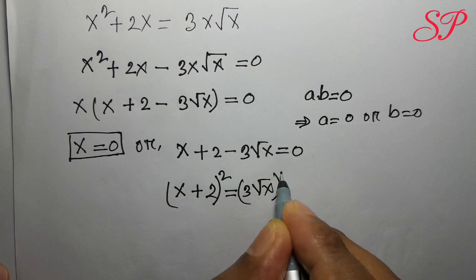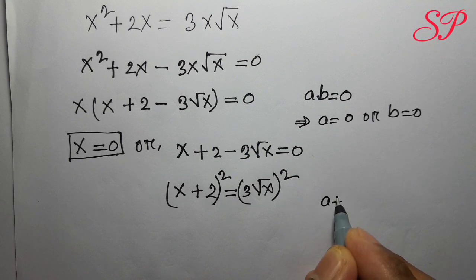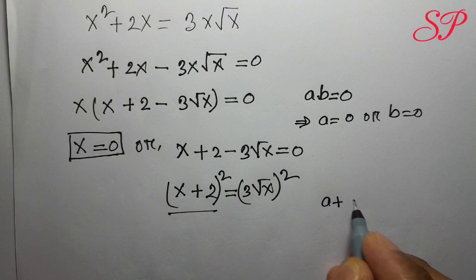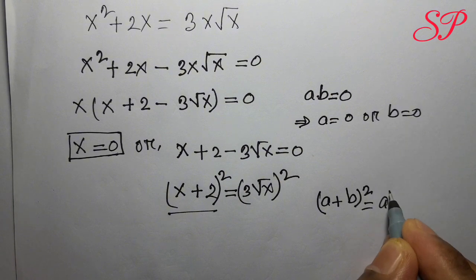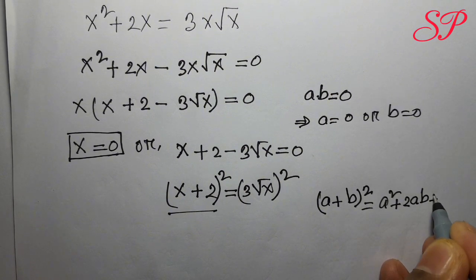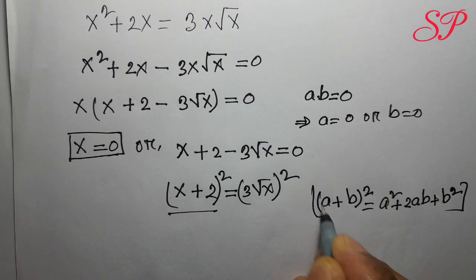We apply the formula: a plus b whole square is equal to a square plus 2ab plus b square.